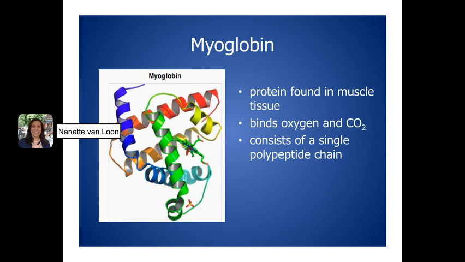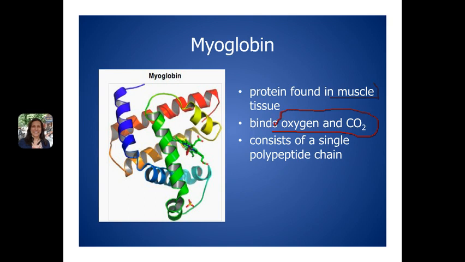Let's take a look at tertiary structure in myoglobin. Myoglobin is a protein found in muscle tissue, and its job is to bind oxygen and carbon dioxide and help exchange these gases in muscle.